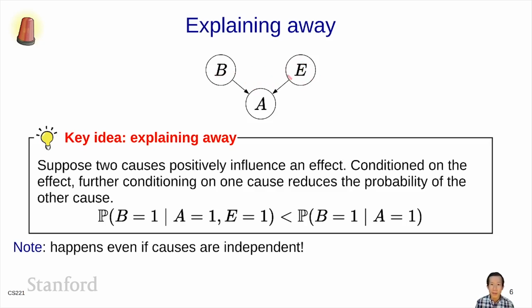But if I told you that one of the causes was actually activated, then that intuitively lessens the responsibility, and you don't really need this other cause to explain A. So that's why the probability of this other cause goes down. Of course, that is very hand-wavy, but you can rest assured that there are rigorous mathematical calculations behind what I just did.